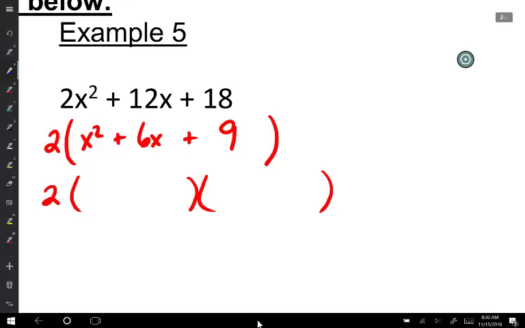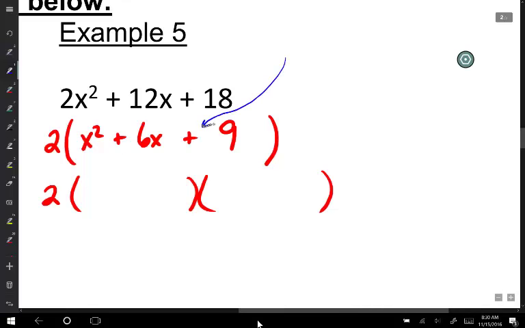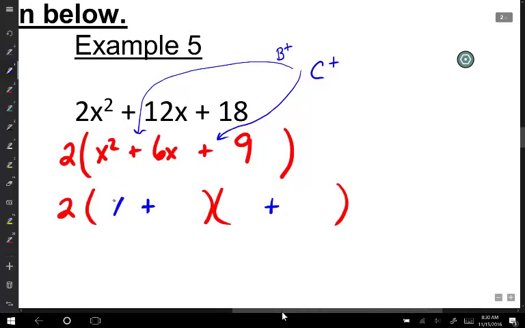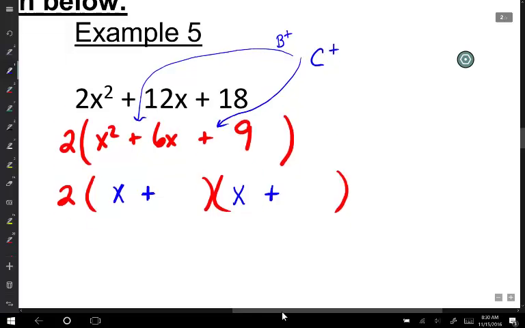Plus and plus, because we look right here and see that the C is positive, and after that we see that the B is also positive. What is absolutely for sure? x and x. What factors of 9 add to 6? 3 and 3.